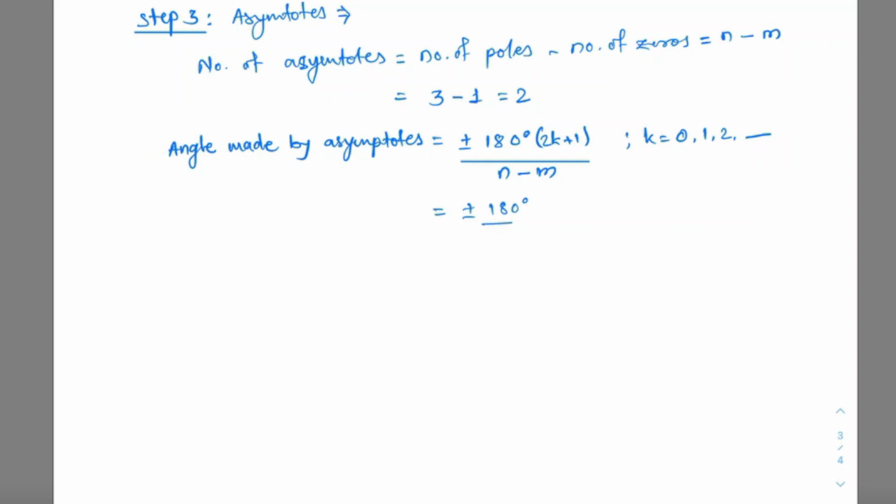So let's take k equals 0, and n minus m after solving will give plus minus 90 degrees. So we know that there are two asymptotes. One will be at plus 90 degrees and the other would be at minus 90 degrees.